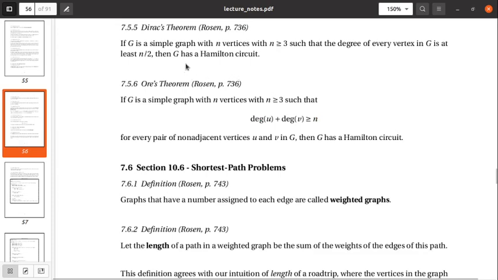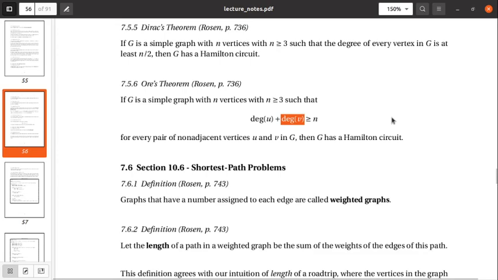Okay, so this one gives you a little more leeway here, right? So over here we say that each one has to be at least n over 2. And here we say, okay, well, you can have one that's less than n over 2. So you can have one that's of degree like 3 in the case where you have 32 nodes, so long as everything that touches it has degree at least 29, right?